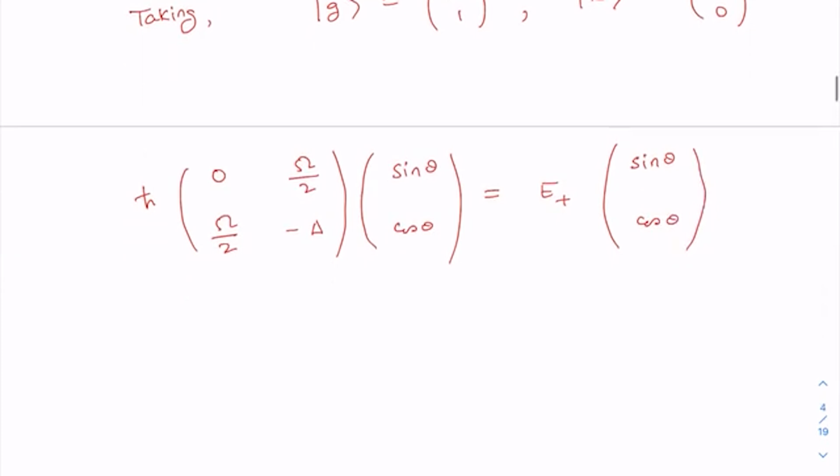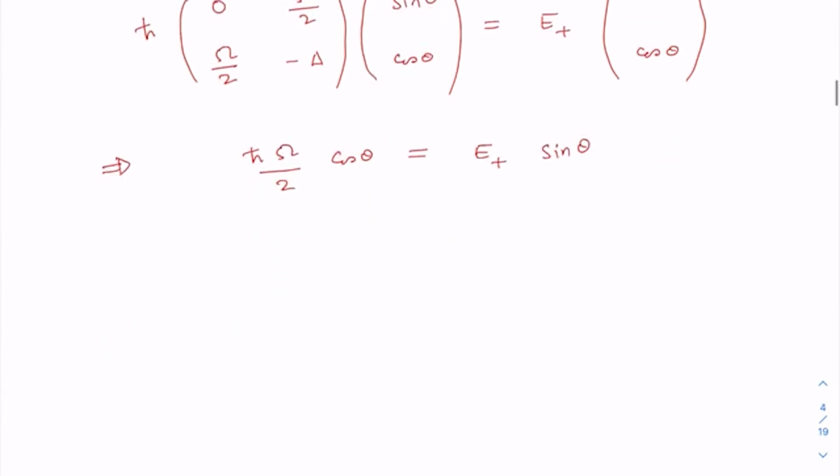We can get the equation. One equation is sufficient to find the angle. We have this equation h cross omega by 2 cos theta is equal to E plus sine theta, and from here it is trivial to see that tan theta is equal to h cross omega by 2 divided by E plus.